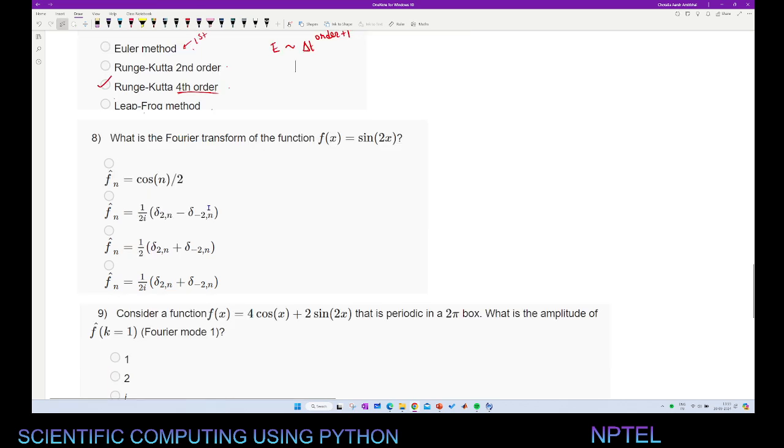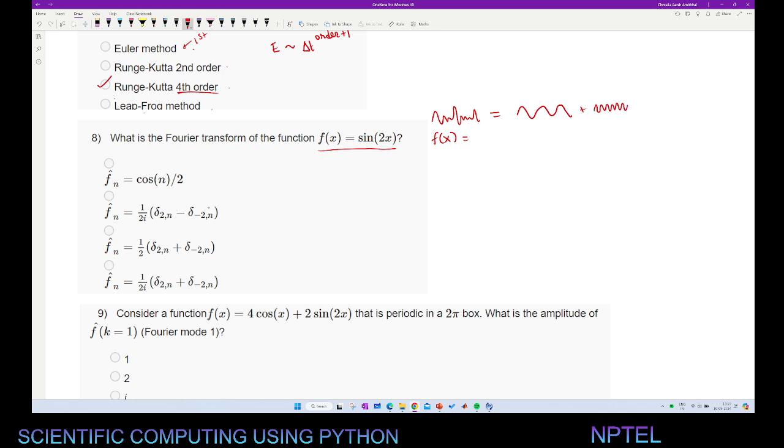And what's the Fourier transform of the function? Should say rather Fourier series coefficients, but that's all right. We are doing physics. Of this function, f of x is equal to sine of 2x. So as I talked, what Fourier transform in general means is that any function that is periodic like this can be broken down into sines of different frequencies, right?